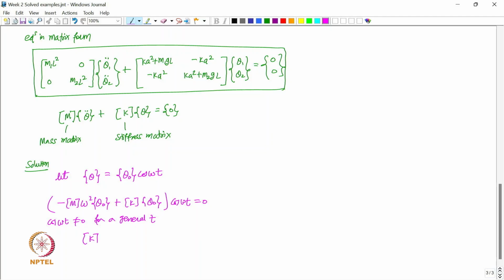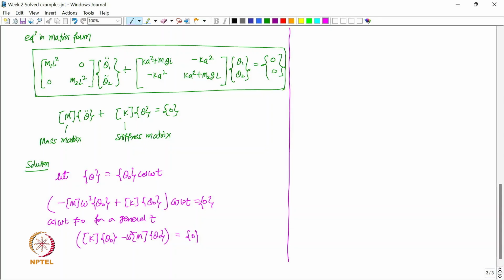So, I can write this as, I am sorry, k minus omega square m, times theta naught. This quantity obviously should be 0.